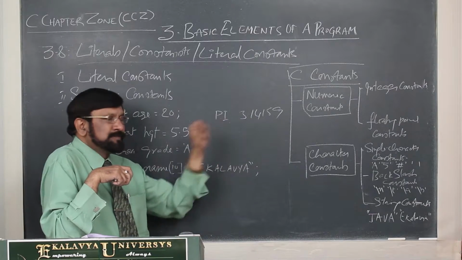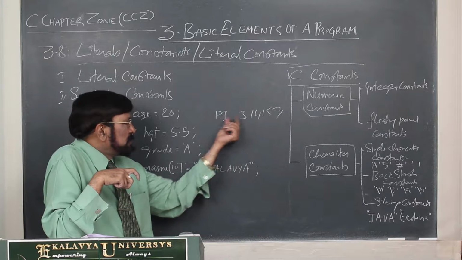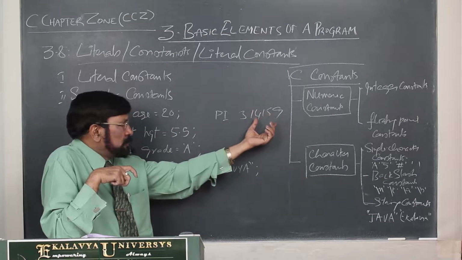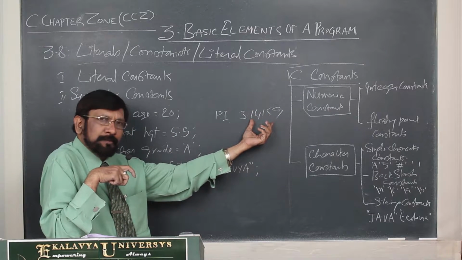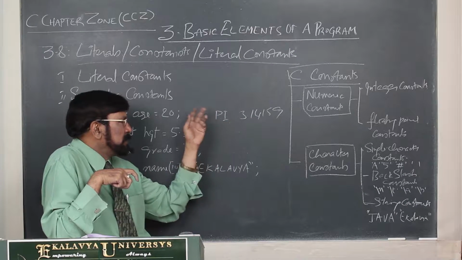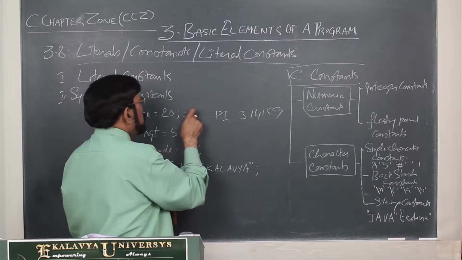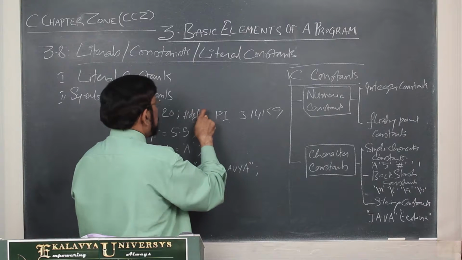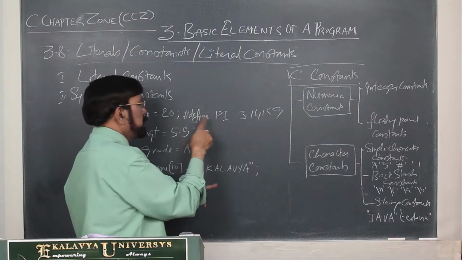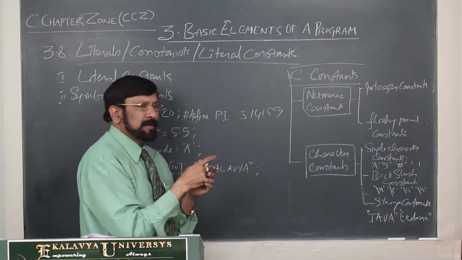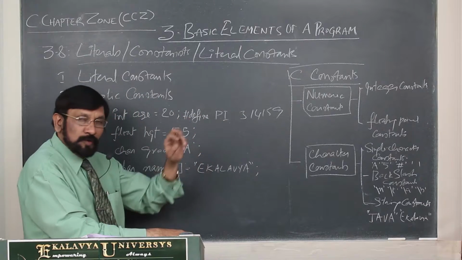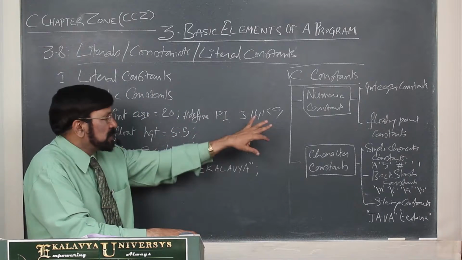So this is called a symbolic constant. Instead of this value we use pi. Wherever you have to use the pi value, you simply define it using the preprocessor directive define, like include. Then you can define a symbolic constant.